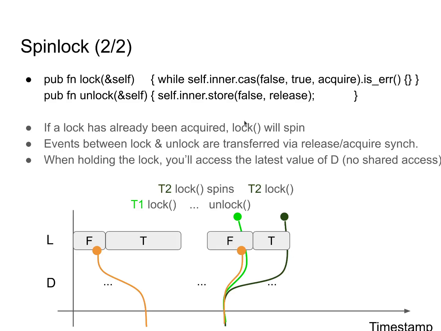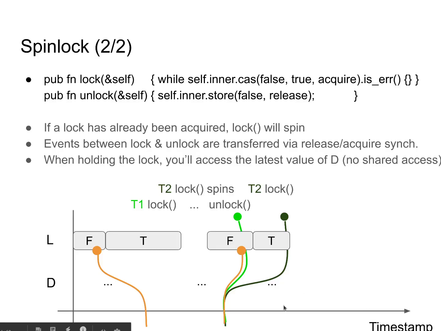So to summarize, all the information that is modified by T1 should be released here to the message. And on the other hand, the message's view or information should be acquired by the next successful lock invocation. And as a result, all the accesses by T1 are ordered before T2's operation here.